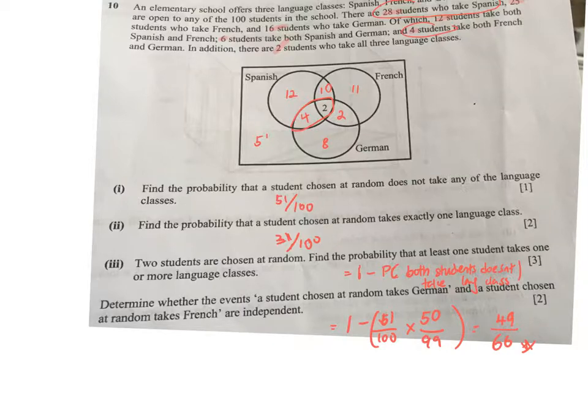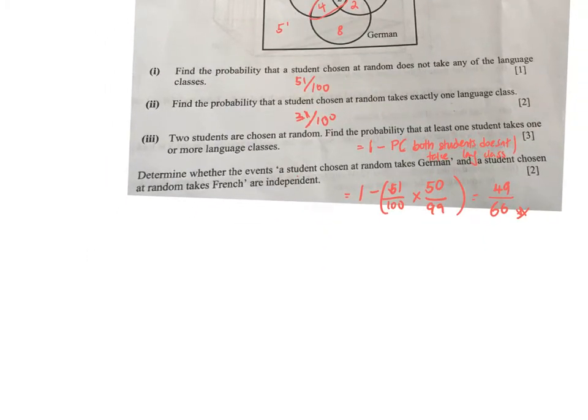Okay, now for part 4, we need to determine whether a student chosen at random taking German and taking French are independent. So simply what we need to do is find the probability of taking German and the probability of taking French.